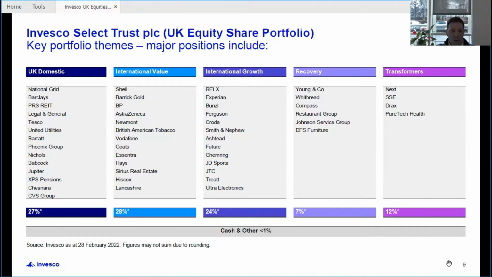So I'm just going to talk about one company from each of those 5 boxes, just to bring that to life a bit. So in the first box, UK domestic, PRS REIT. This is a portfolio of about 5,000 family houses in the regions in the UK. It's been put together over the last 4 or 5 years. It's virtually fully occupied.